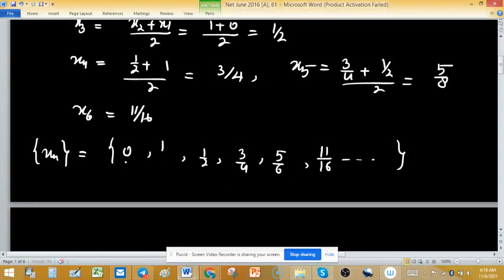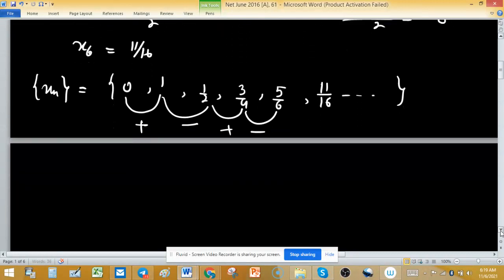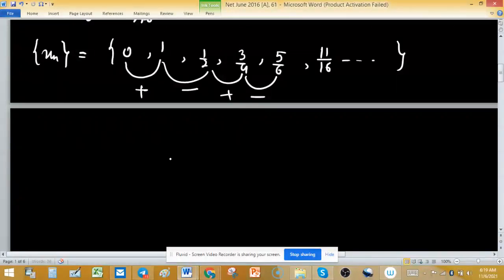So you can observe easily, plus means increment, and then decrement, negative representing decrement, and then increment, decrement. So we have once increment and then decrement. So you can easily observe here sequence is not monotone.